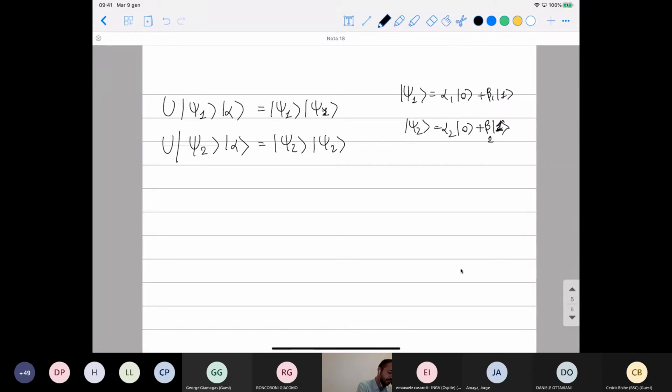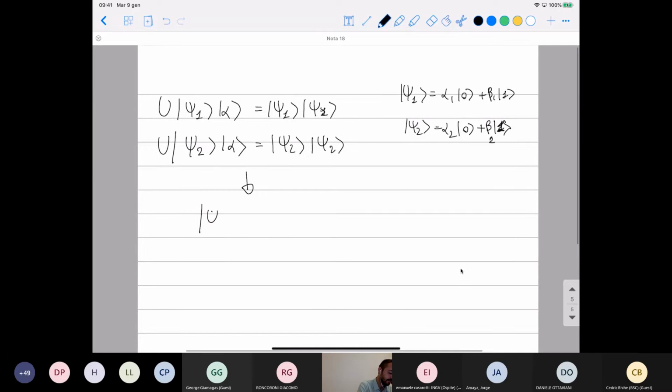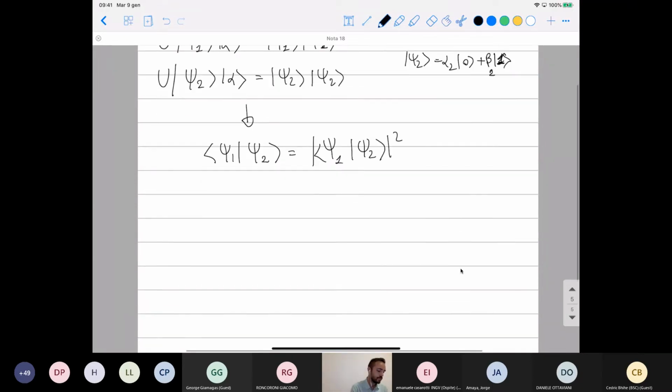The proof states that if you assume this, then at the end you get the scalar product of psi1, psi2 equal to the scalar product of psi1, psi2 squared. So when is this true?